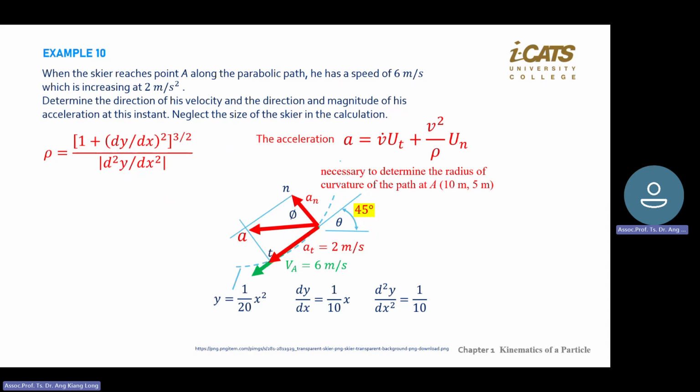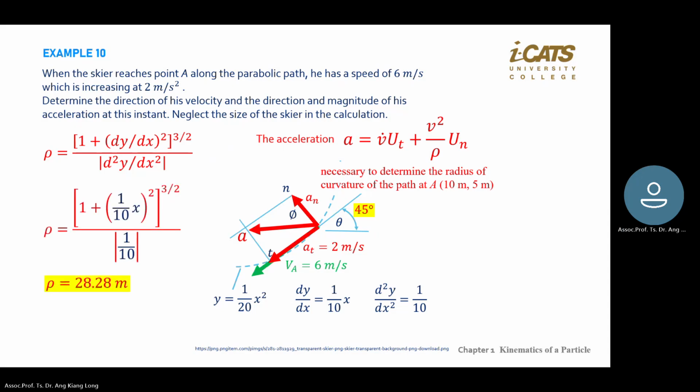If you substitute the value early, you won't see the effect of x. Then you substitute x as 10, the x given. So rho is 28.28 meter.